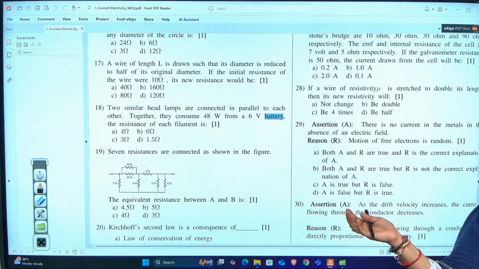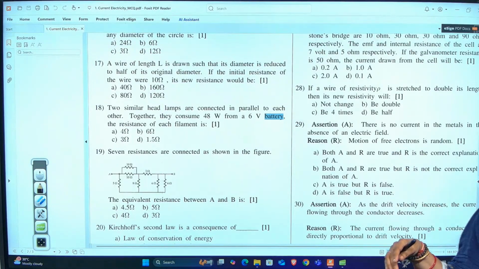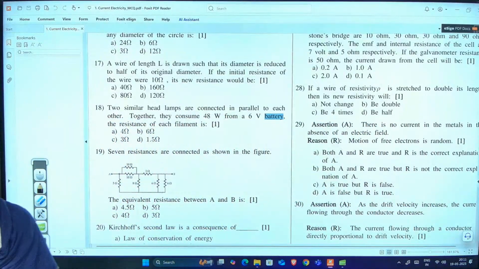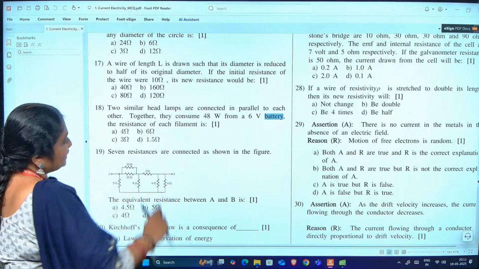Take the resistance of each of the filament to be small r and they are connected in parallel. So effective resistance எவ்வளோ? What will be the effective resistance when two resistors are connected in parallel, similar? R by 2. The effective resistance will be R by 2. Take R by 2 as the resistance. Power is given as 48.